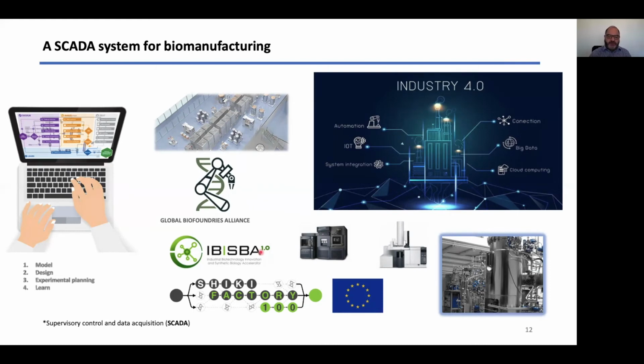And the same goes for other projects like IBISBA, which is funded by the EU and involves lots of companies, or Shikifactory100, which is another project funded by the EU with industry and academic partners. And in this project, the University of Minho is also involved, as well as recently now the Polytechnic University of Valencia.